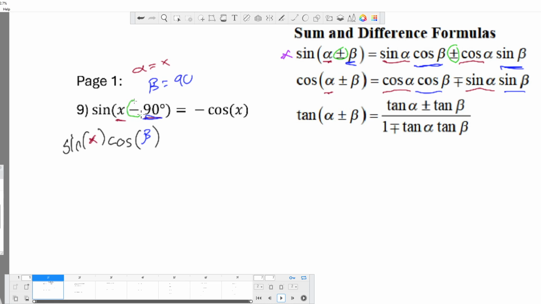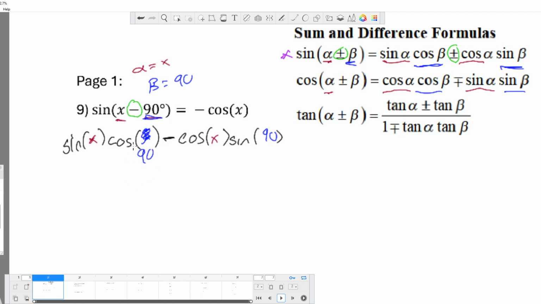And we can see that the sign here is minus. So we're going to put a minus sign there, followed by cosine of alpha and sine of beta. At this point, we've got it set up, and all we've got to do is evaluate. I wrote beta there instead of 90.